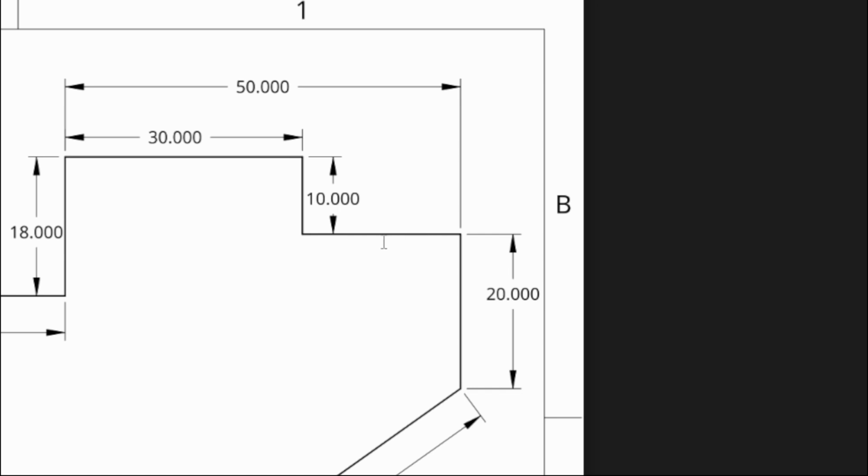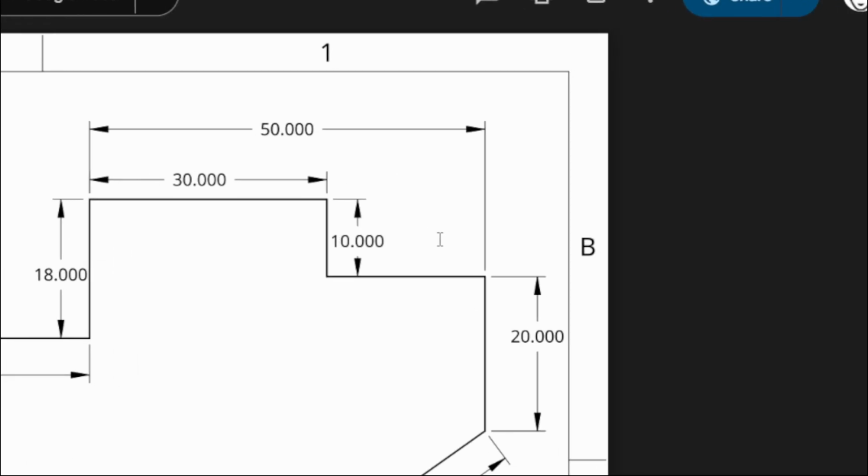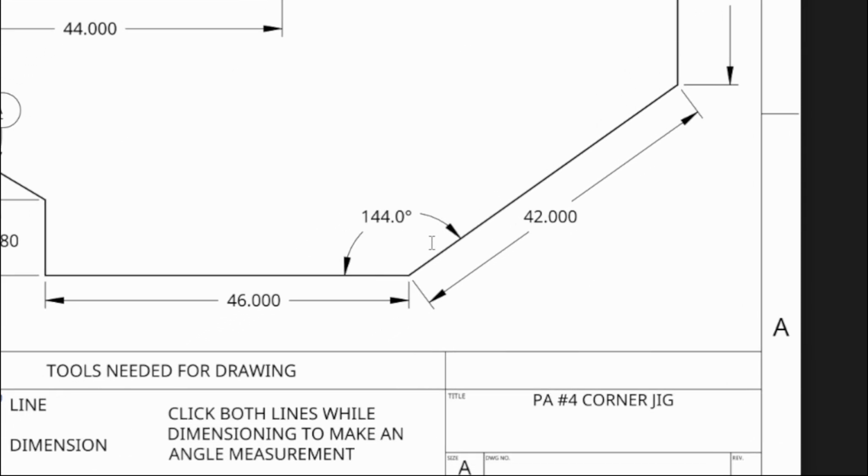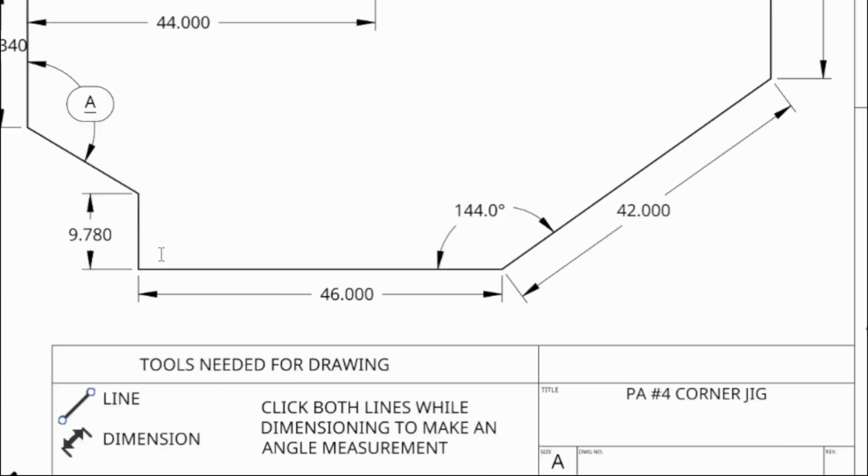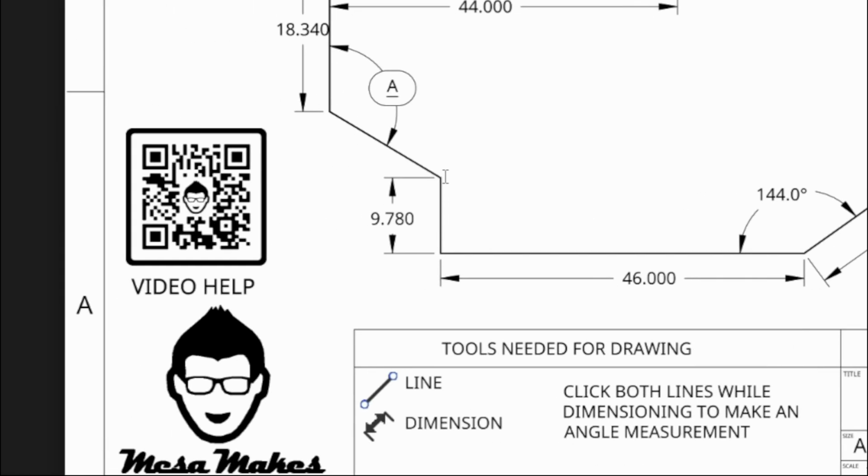I didn't give you this measurement, but what you could do is, when we use the dimension tool, we could do 50 minus 30, and that gives you 20, or you can do the dimension from this spot over to here to be a total of 50, come down 20, down 42, down left 46, up 9.78, and then back home to where we started. So let's go ahead and get into our drawing, and we can take care of this one.